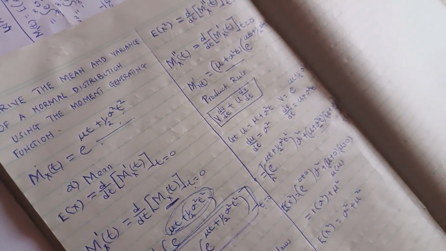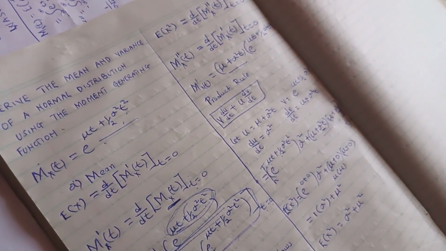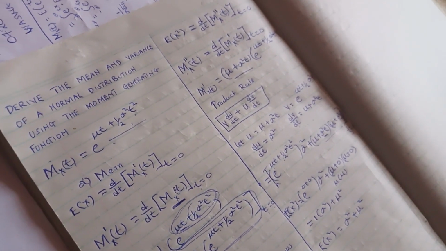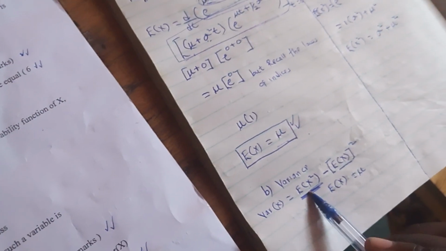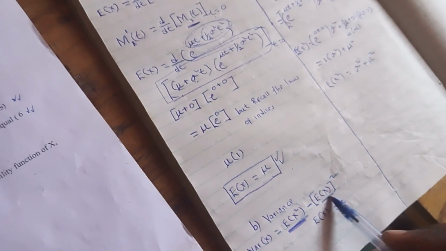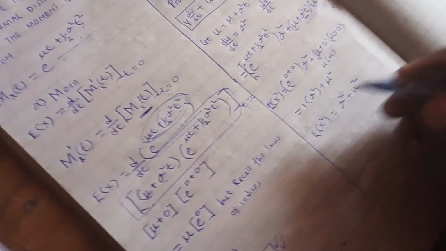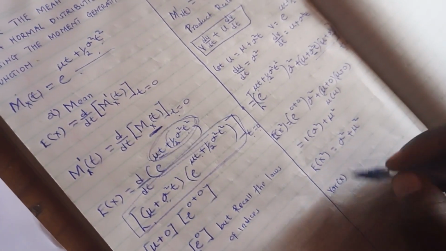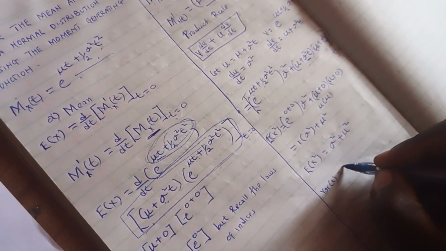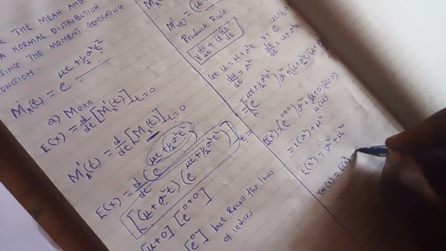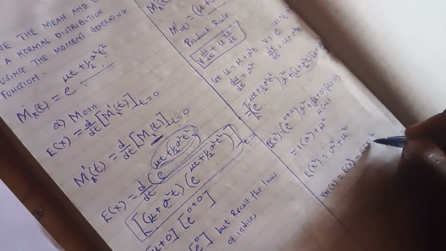But what is the formula for getting the variance? This was the formula. We have already found this one, and this one we already found as mu. So the variance of x is always given by the expected value of x squared minus the square of the expected value of x.